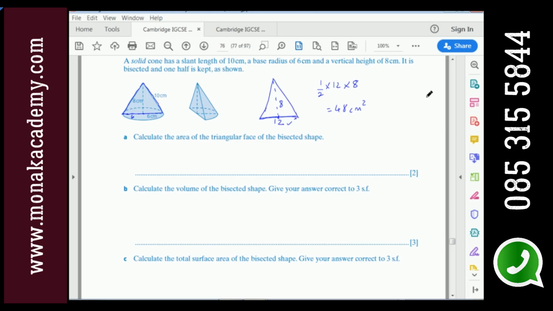V equals pi, because pi is the value which you will find in the calculator. Where there is R, you replace with what? 6. Okay, squared. Where there is H, you replace with 8, divided by 3.